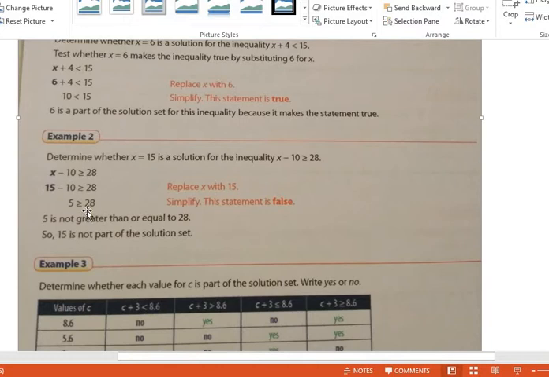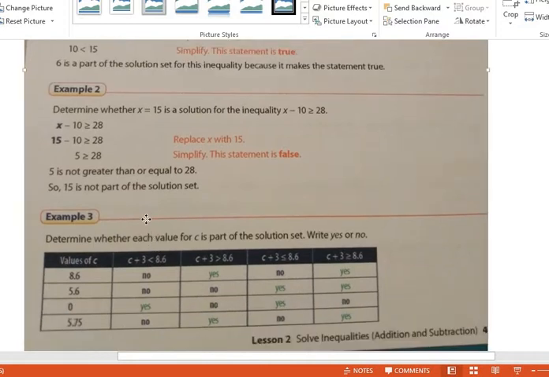Is 5 greater than or equal to 28? Of course not, so the statement is false. 5 is not greater than or equal to 28, so 15 is not part of the solution set.